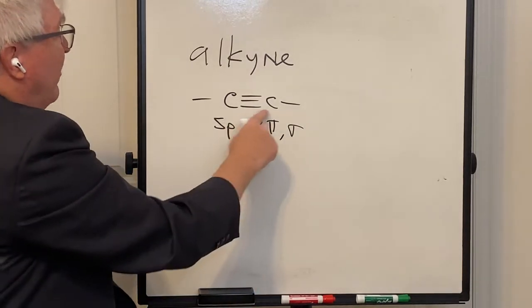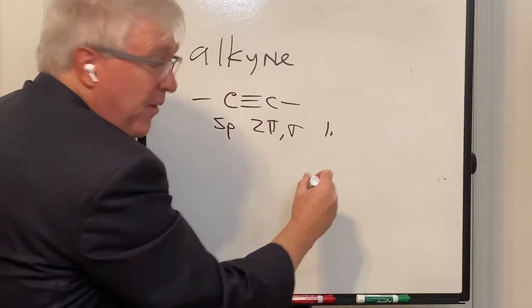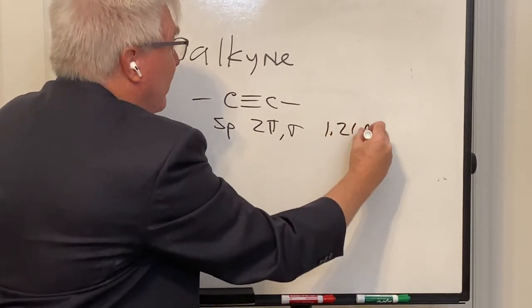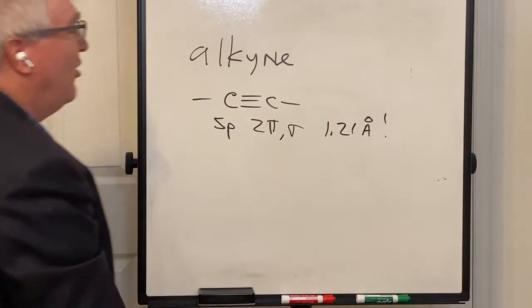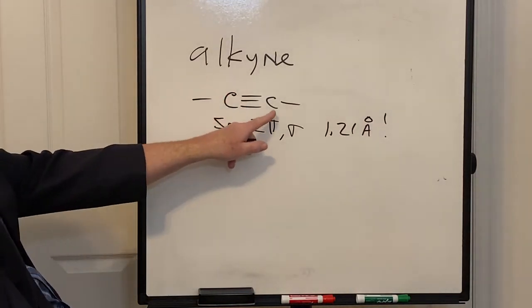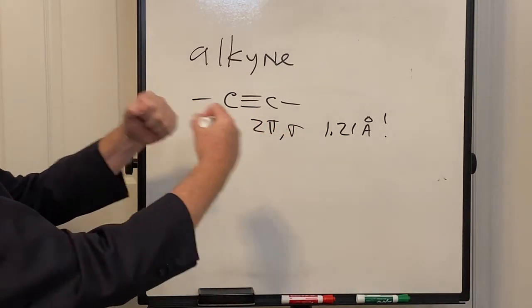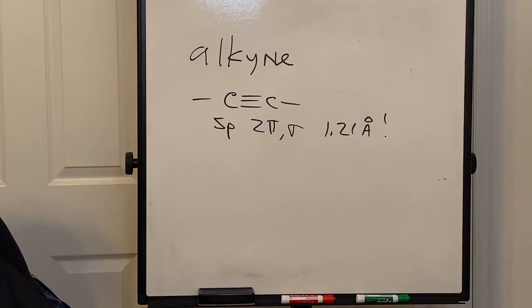And also, what about the distance here between the 2 carbons? Well, it's 1.21 angstroms. That's the shortest bond yet we've talked about. Why? Because there's 6 electrons now shared between the 2 positive carbon nuclei. That lets the bond distance shrink down there between those.